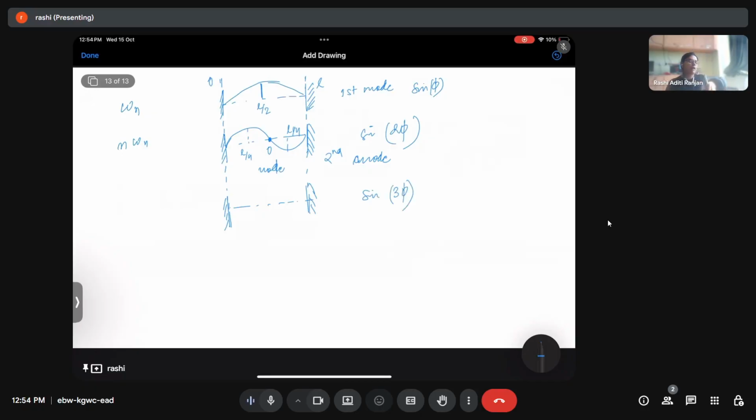So now the graph will go from 0 to 3 pi, right? 0 to 3 pi means what? Like this. This is going to be the shape. Now again, if you look, L by 2 is going to be what? Now it is again having a maximum. This is the third mode.